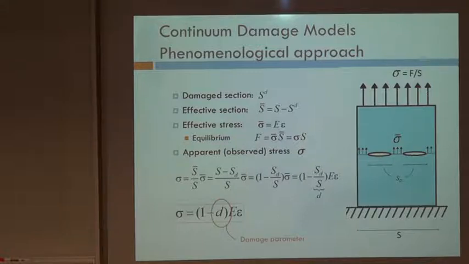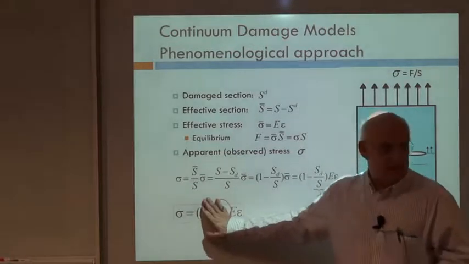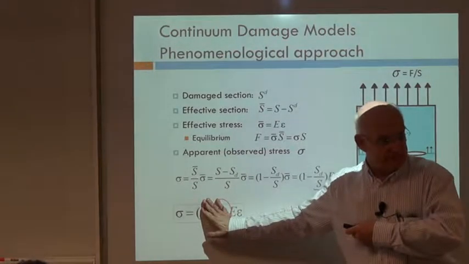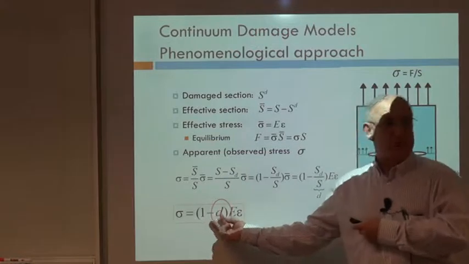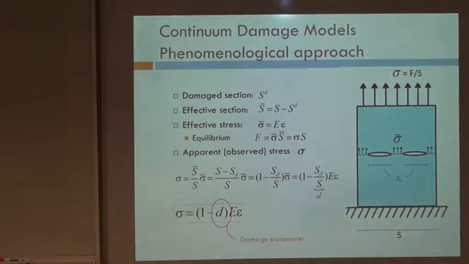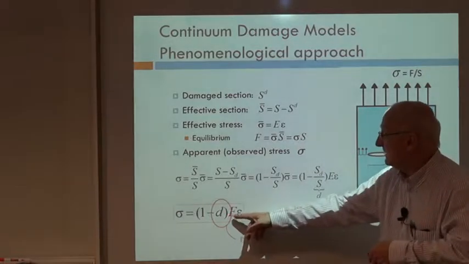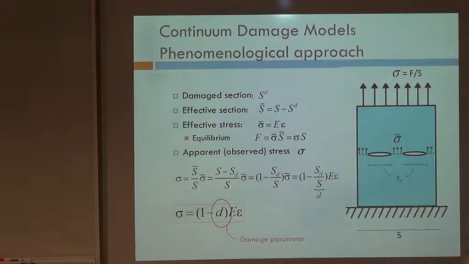The apparent stress, the one that I'm observing from my experiment, is the theoretically elastic stress or effective stress, which is the one that we would obtain if there was no damage, multiplied by a factor 1 minus D. D being a factor that is evolving along time, depending on the evolution of the forces. It's not constant. We can say that E is constant, but not D, for instance, not a material property.